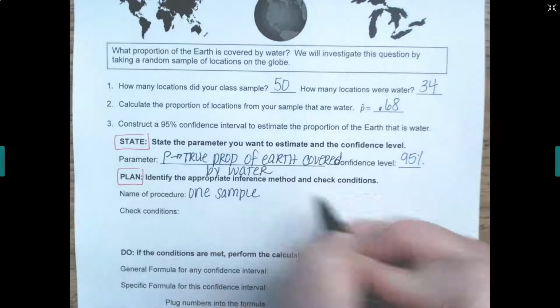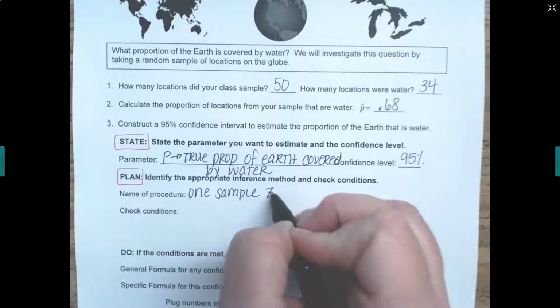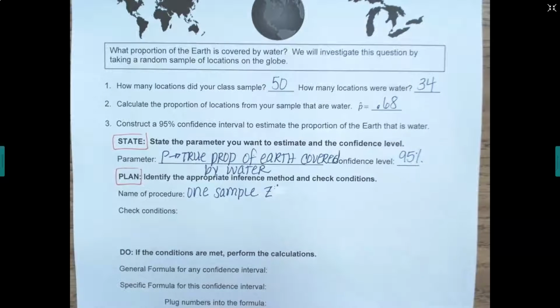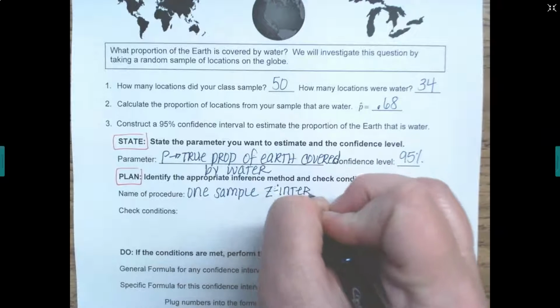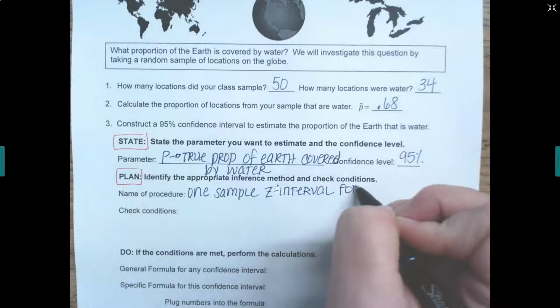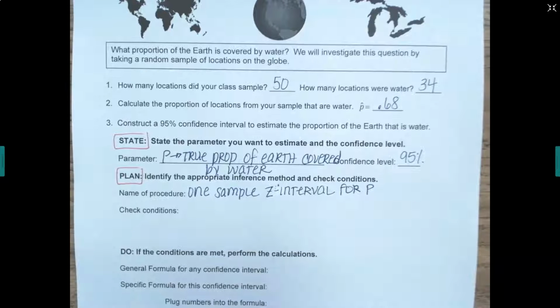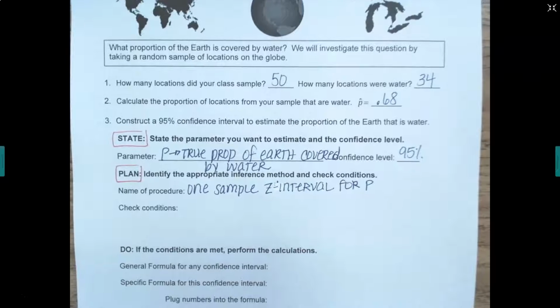And we're going to use z star because of the 95%, so we're going to say z interval, because we're making a confidence interval. And we're doing this for finding out the true population proportion. So one sample z interval for proportions.